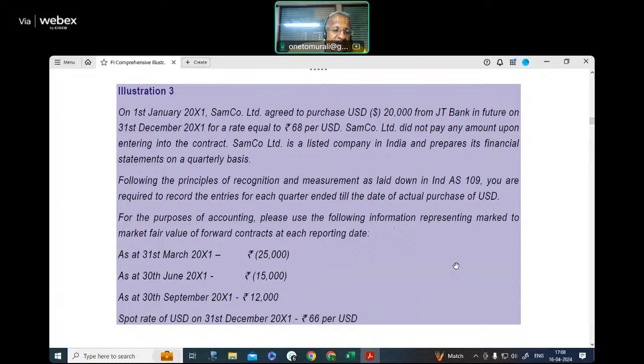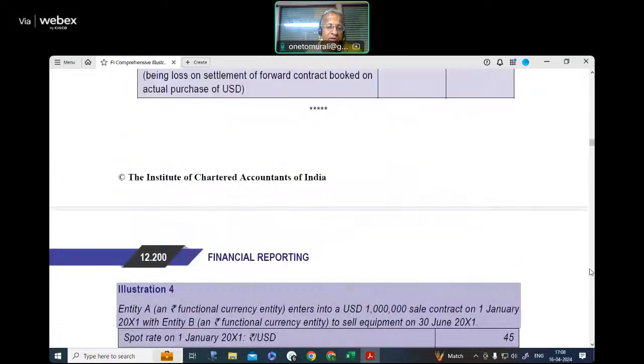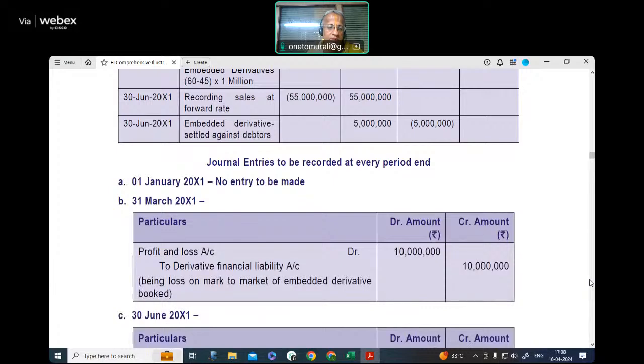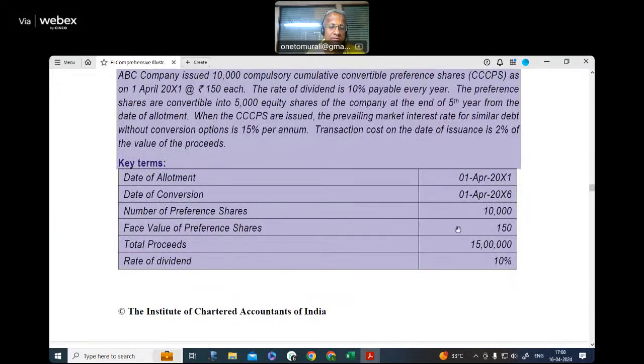On 1st of January X1, SAM company agreed to purchase USD 20,000 from JT Bank in future on 31st of December 20X1. I would like to reserve this for tomorrow's class. A similar looking problem, we will crack it because we need to explain a little more on that.